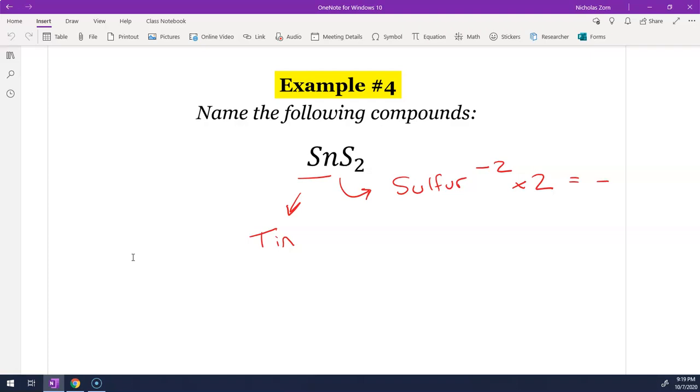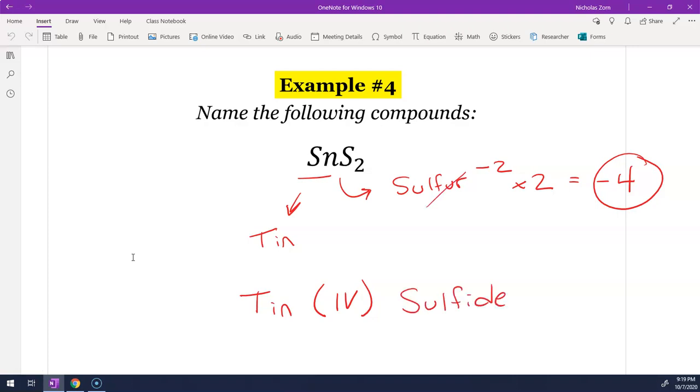So we'll have a total charge of -4. So to balance out the charge of -4, this will have to be tin 4. And then sulfur, we're going to change the ending. So it's going to be sulfide, tin 4 sulfide. And there you go. That's how you do naming and formula writing for our transition metals.